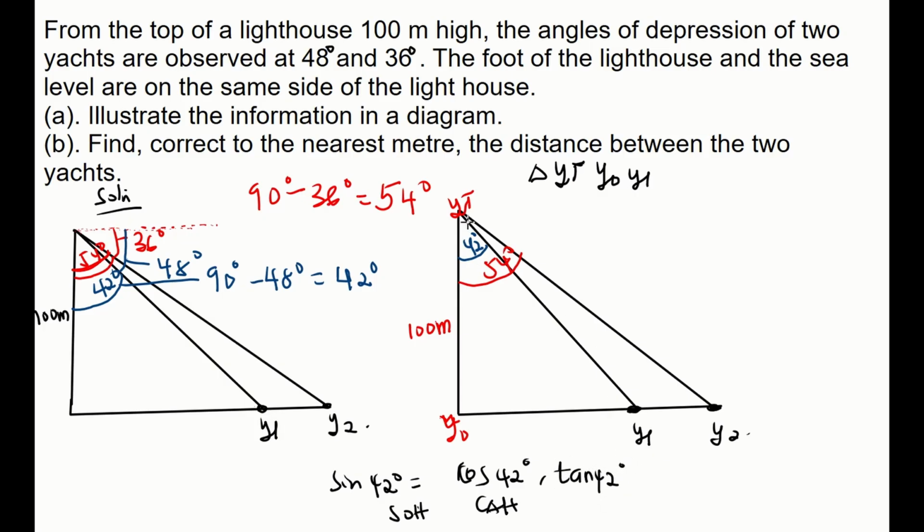Tan 42 will give you the opposite, which is y naught to y1, over the adjacent, which is 100 meters.